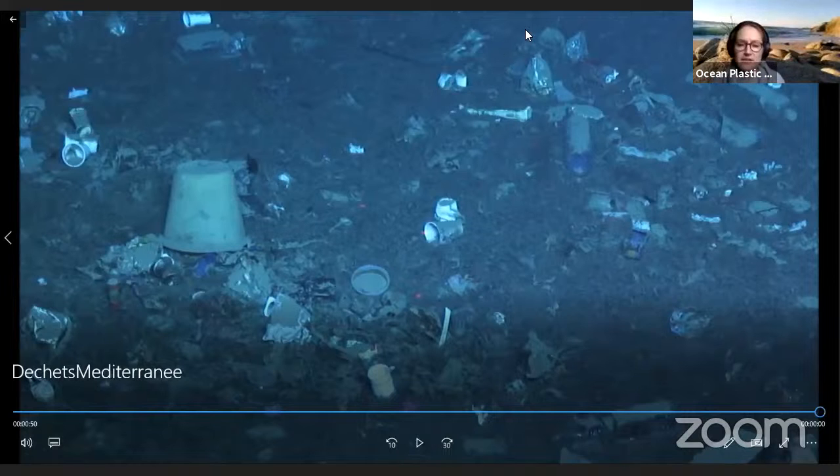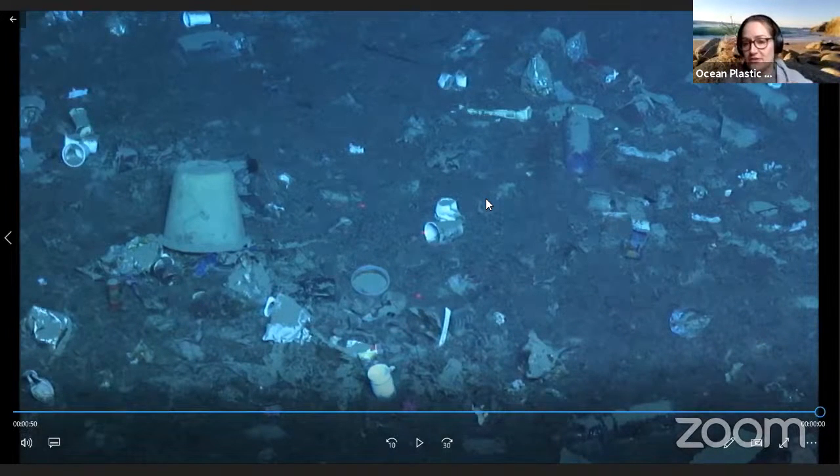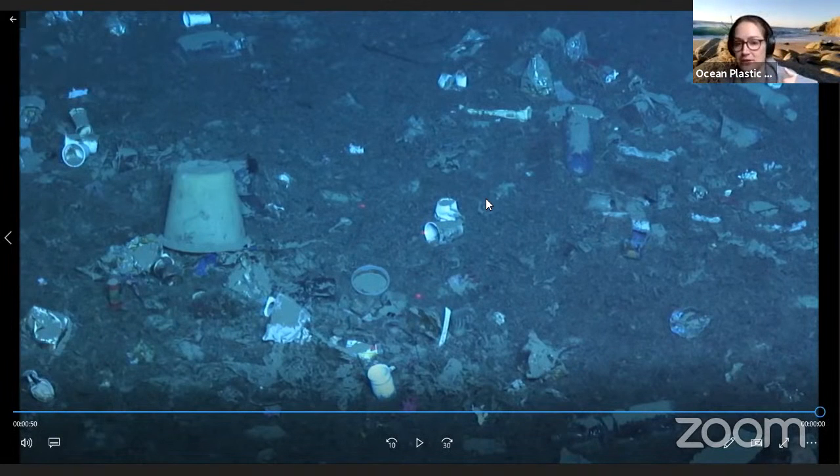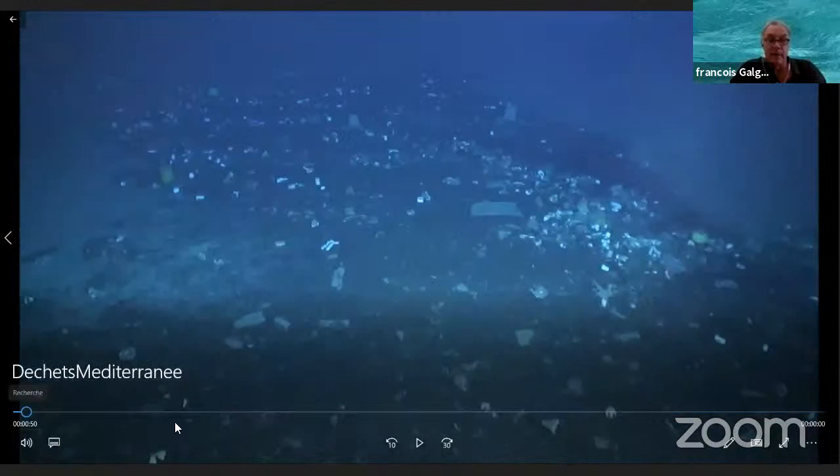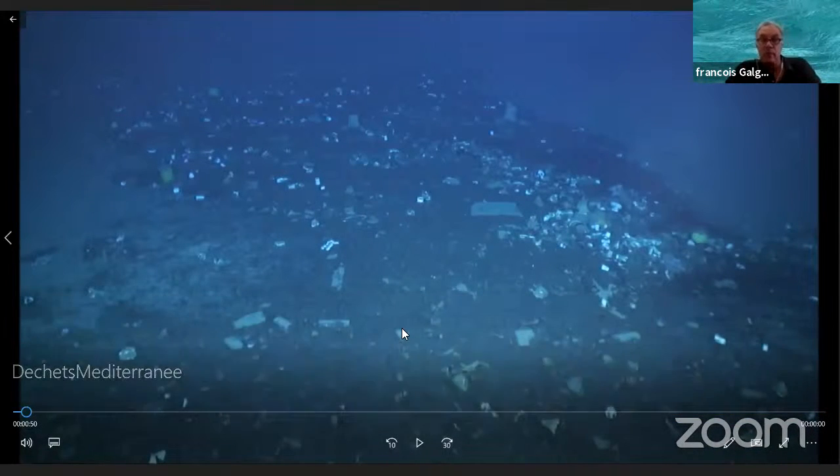So this video that you show, is it a hotspot? Is it just there and it's very different a few meters from there? Or is it like this over very large areas? So the situation, in fact, is when you dive very deep, when it's flat, you will have some litter everywhere, but really dispersed.